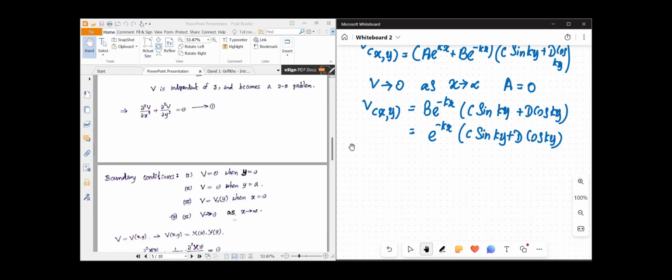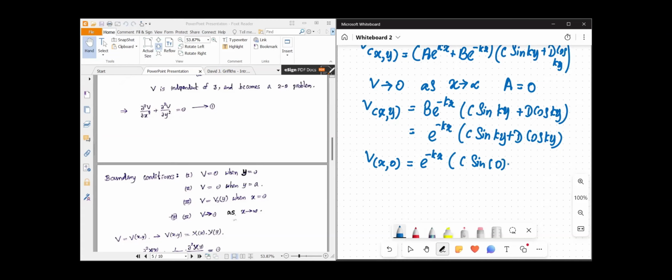Then we are going to apply these boundary conditions. When y is 0, the potential is 0. So V of x and y at y = 0 is equal to e to the power minus kx times c sine 0 plus d cos 0.